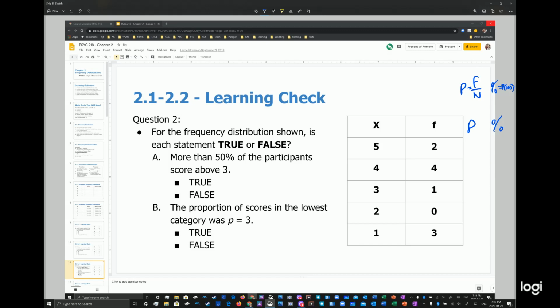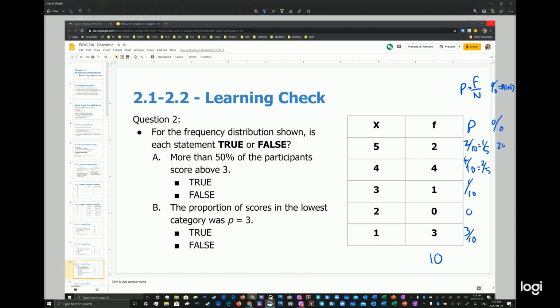So quickly now, again, we need to do the total first, and we know it's 10. So we have 2 out of 10, 4 out of 10, which we can simplify. 1 out of 10, 0 is just 0. 3 out of 10. We don't need to simplify the 3 out of 10. 1 out of 5. 2 out of 5. That's it.